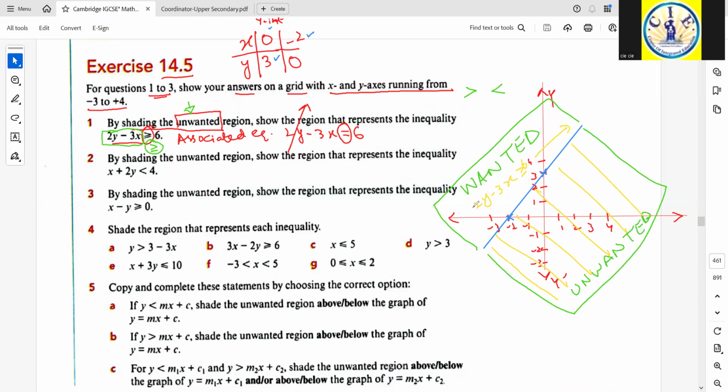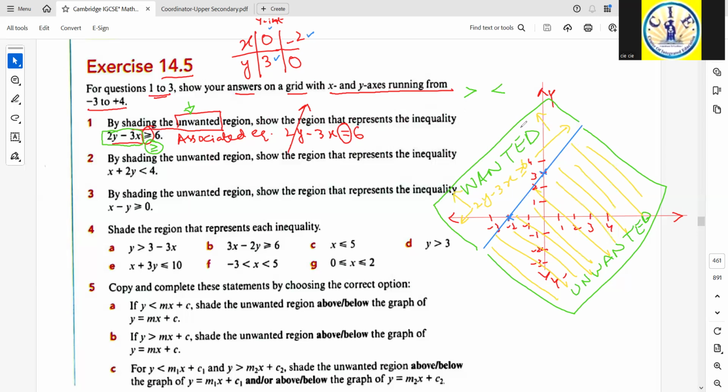So all this region is our wanted region, which in the condition given in the question, we need to leave unshaded. So the portion below that line has been shaded and the portion above that has been left unshaded. So that completes the question and its solution.